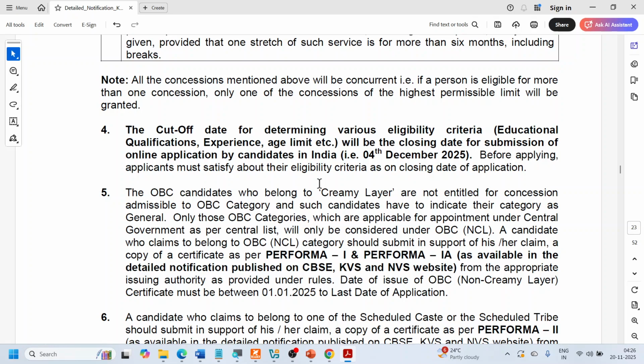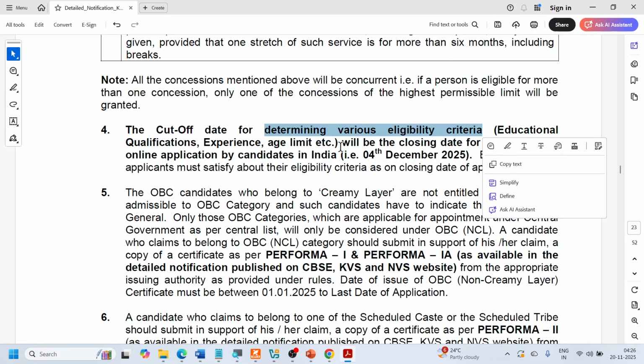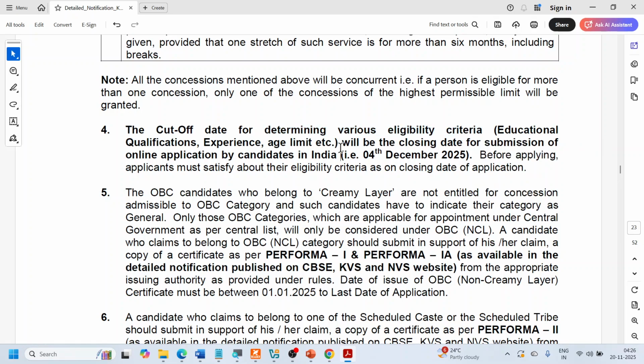A few details about the cutoff. So the cutoff date for determining various criteria. This is very, very important. Various eligibility criteria, that is education qualification, experience, age limit, everything is on the closing date. So you must be very, very careful. Don't rush and apply for the post. You have to have everything ready.